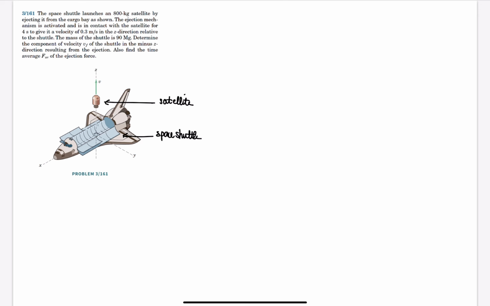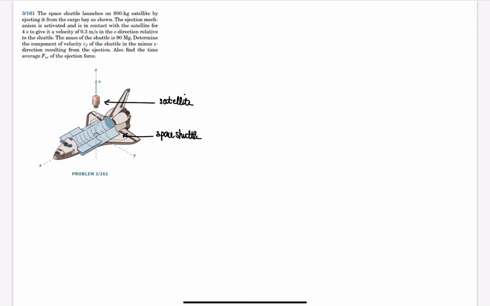The ejection mechanism is activated and is in contact with the satellite for 4 seconds to give it a velocity of 0.3 meters per second in the z direction relative to the shuttle.